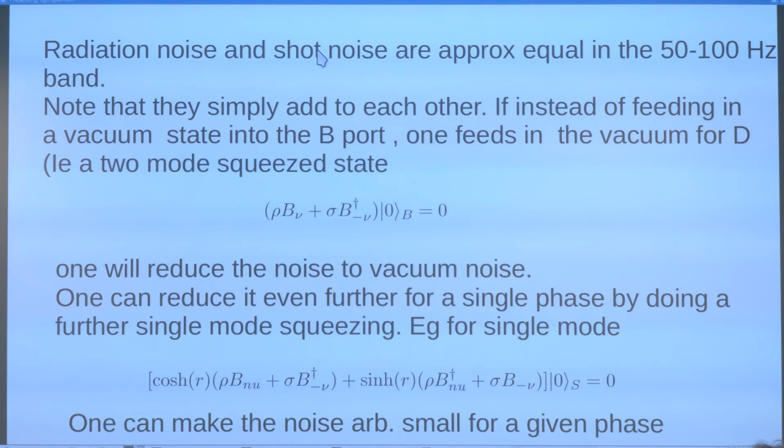And we noticed in that original curve that the radiation pressure noise and the shot noise are approximately equal in about the 50 to 100 hertz regime. And this is exactly the place where the squeeze noise has its usual minimum.